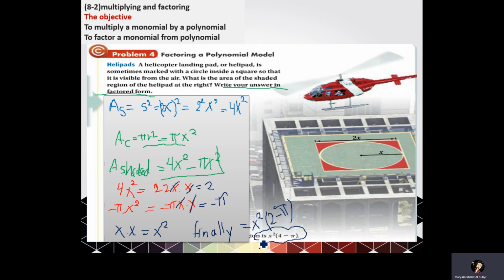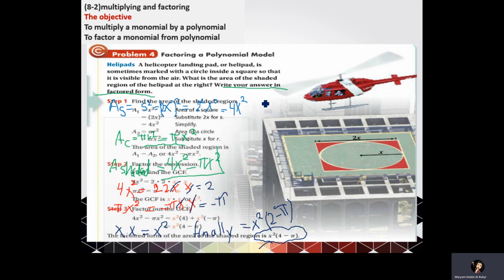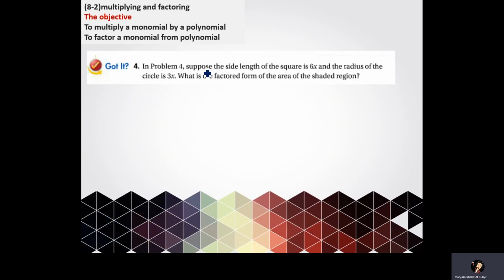Make sure that you try this kind of question. It's very important. Let me give you more exercise and solve it with you. The same problem: suppose the side length of the square is 6x. Let me graph it for you. I'm sorry, this is a square, so all the sides must be equal, but no problem. That is 6x.